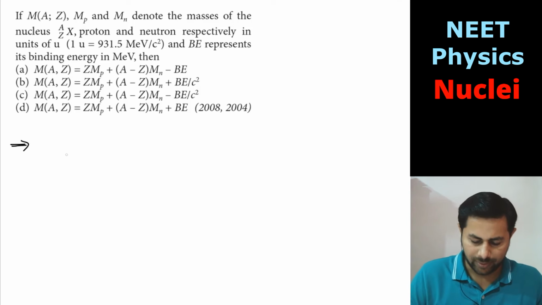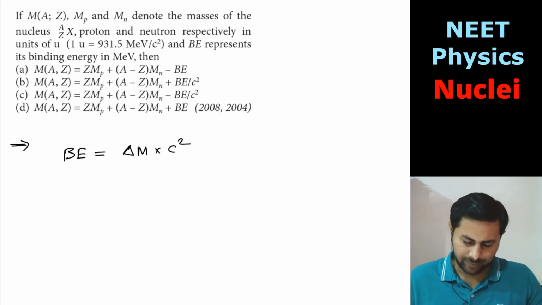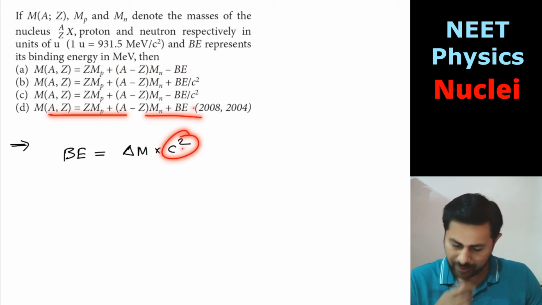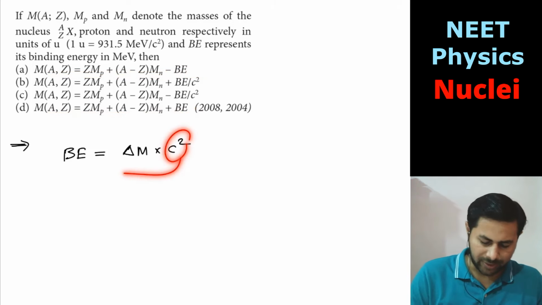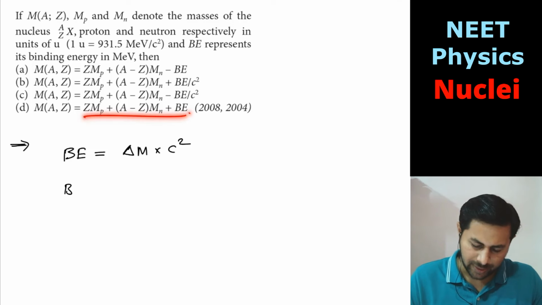So you know that binding energy is equal to delta M times C square, right? So you can move that C square on other side, then you get binding energy because there is no C square in this one and in this one.